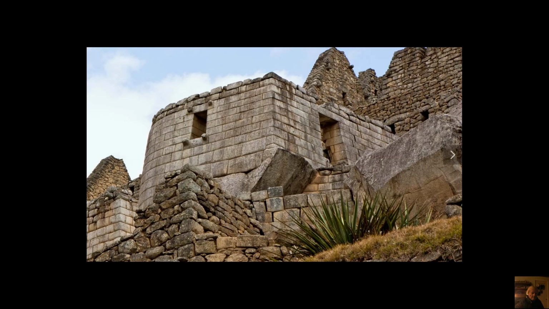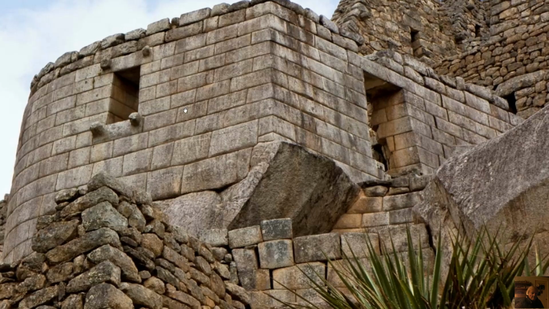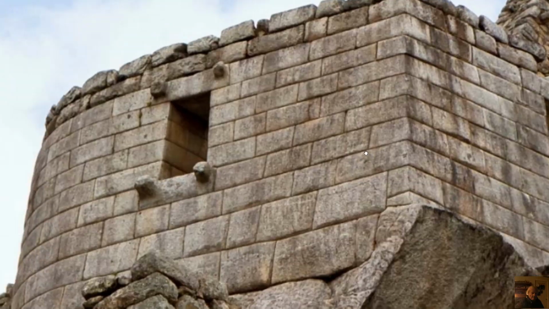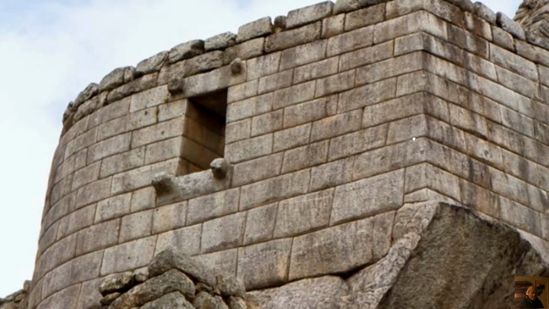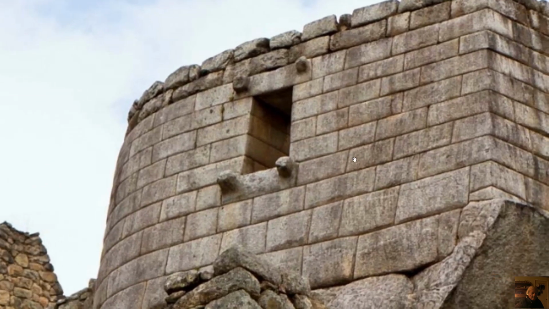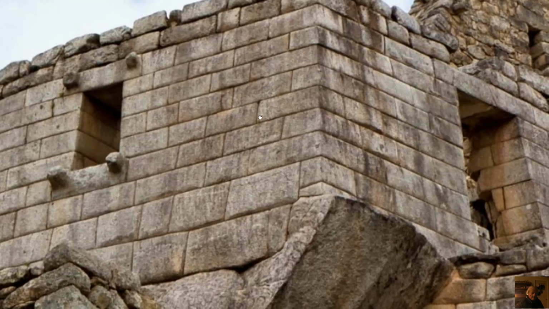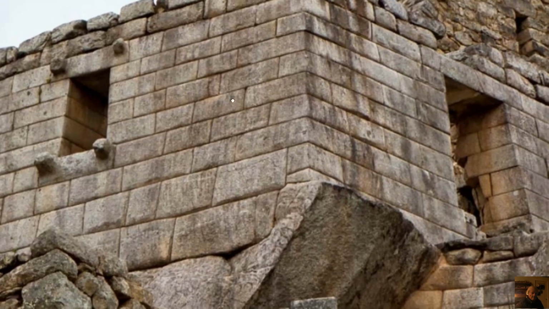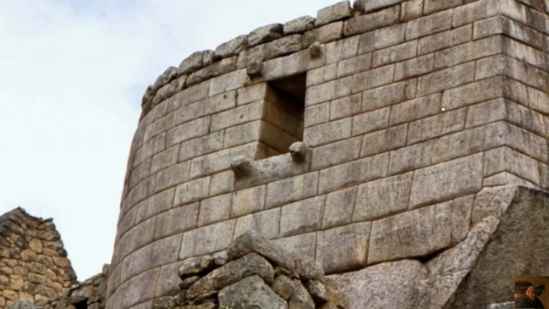So anyway, just another example of the later, newer construction style. A lot tighter, although it doesn't have the earthquake-proof polygonal structure here, but the wall seems to have held up pretty good, because a lot of the rest of this place has had a lot of earthquake damage.